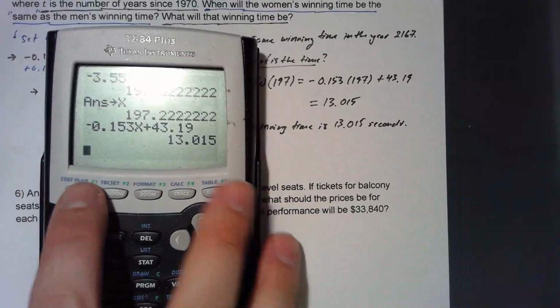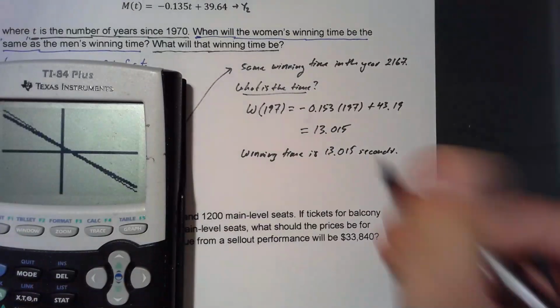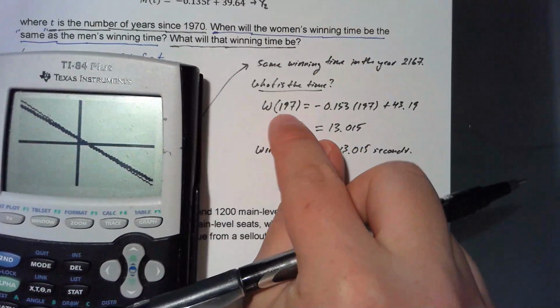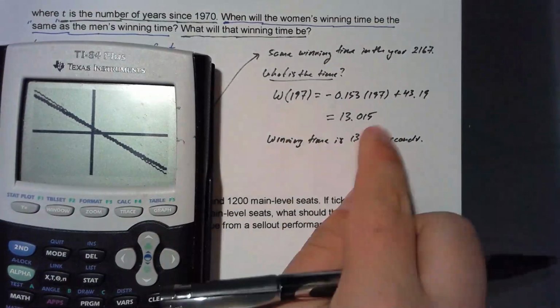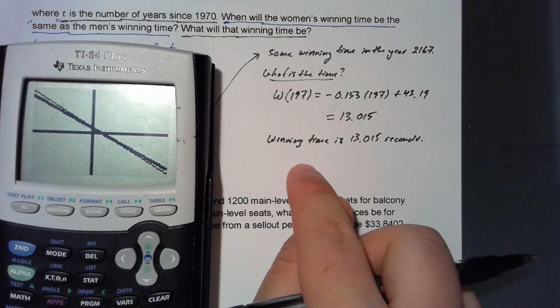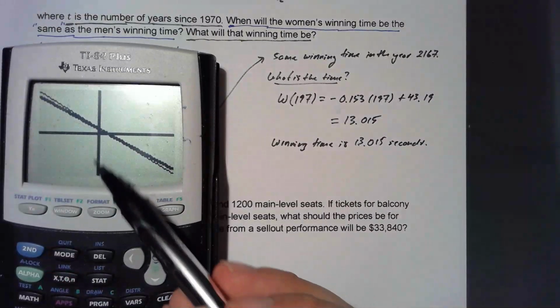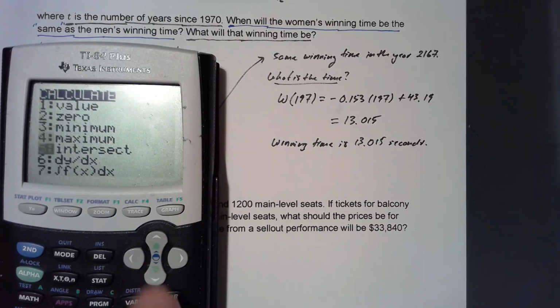Now, let's go back to our graph here and see if that is the intersection point. The ordered pair should be 197, 13.015, so it should be relatively close to that. It should technically be 197.222, 13.015. To find the intersection point in my graphs, I go to Second, Calc, Intersect.